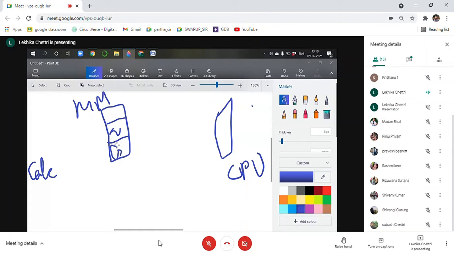Okay, I have made only these 3 blocks. Also, paint was there in the main memory, but now because I'm currently working in the paint, this paint has come out of the main memory and it is there in the CPU.